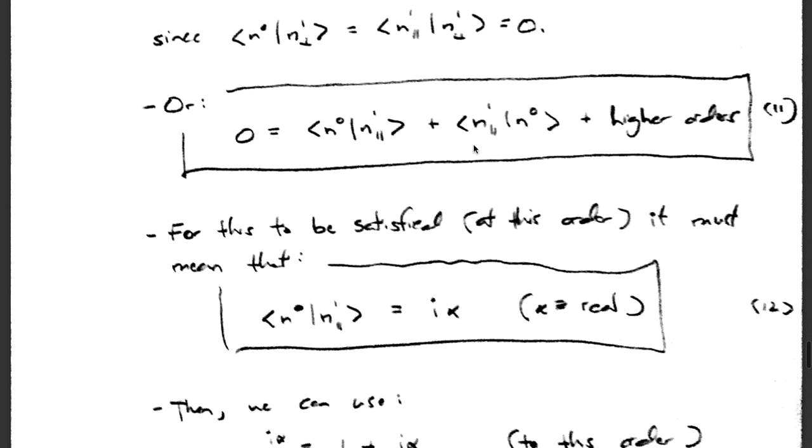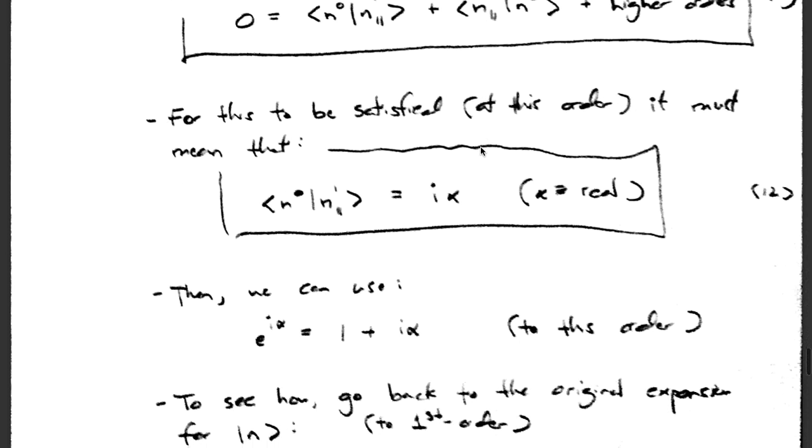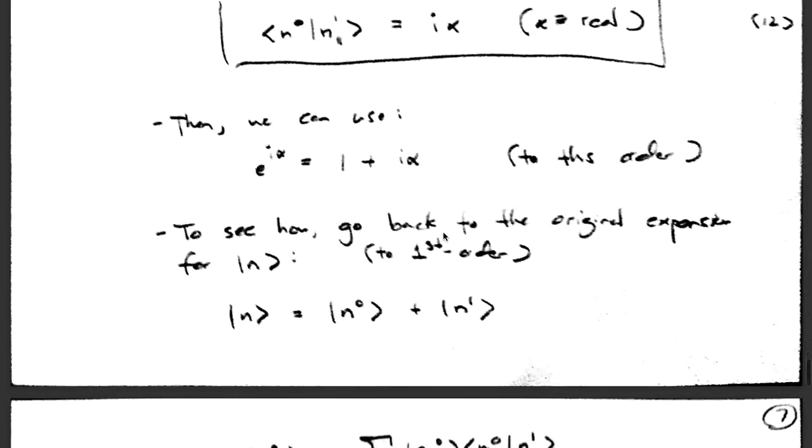What this equation is telling me is that these are purely imaginary numbers, so that when I take the complex conjugate of this, I get a minus, and the two terms cancel each other out. Let me come back to this for a second.